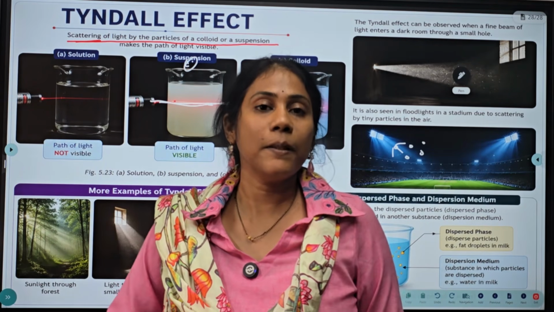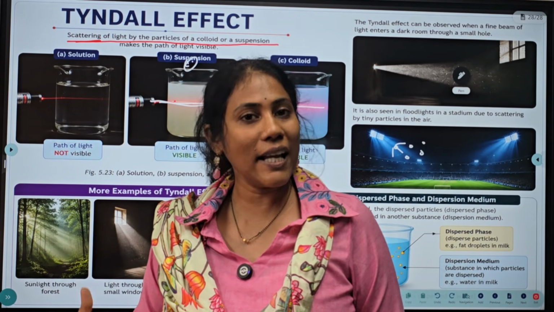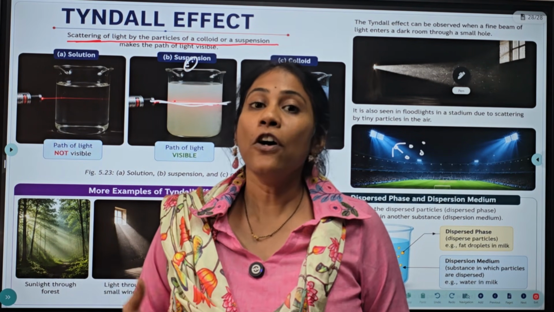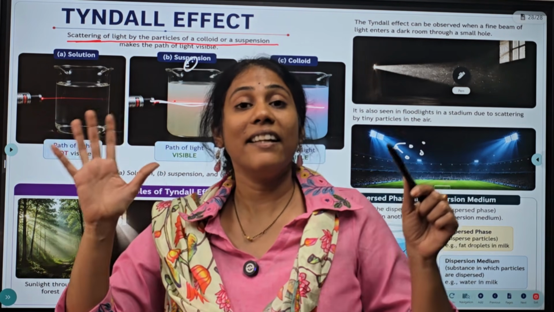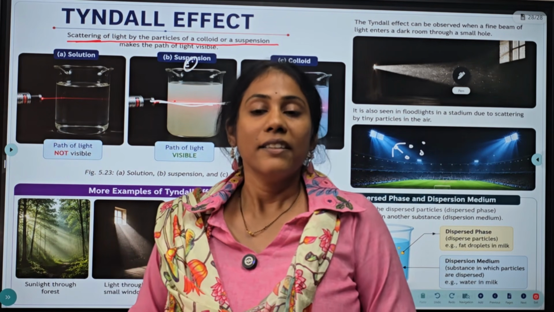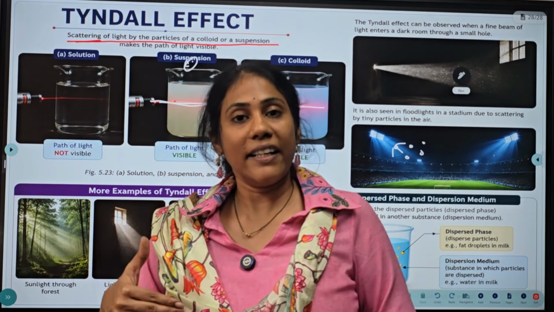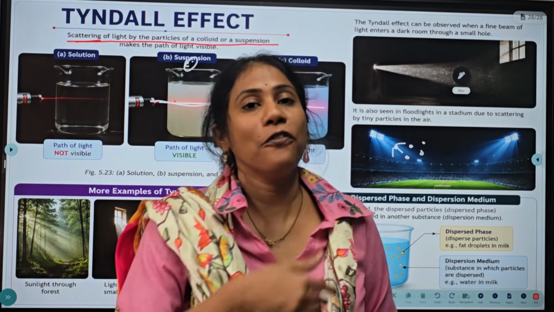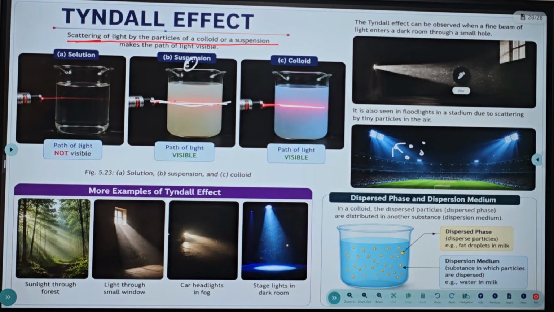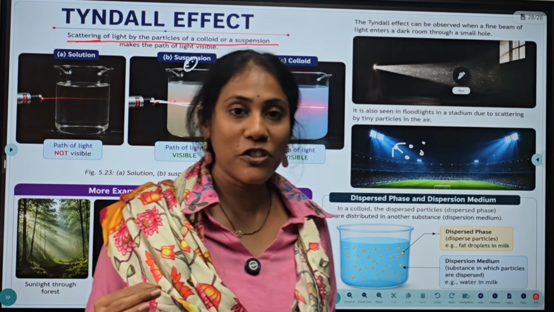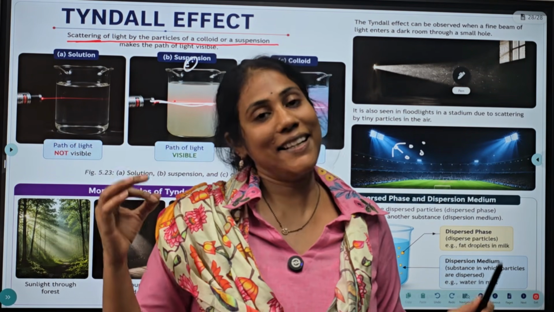Because the entire atmosphere is filled with smoke, gases and dust, and all these behave as colloidal particles. They scatter the sunlight all over. That's why, when you are at a right angle, you can even see the path of light moving through them. So that is all about the Tyndall effect, colloids, suspensions, separation techniques and everything, guys.